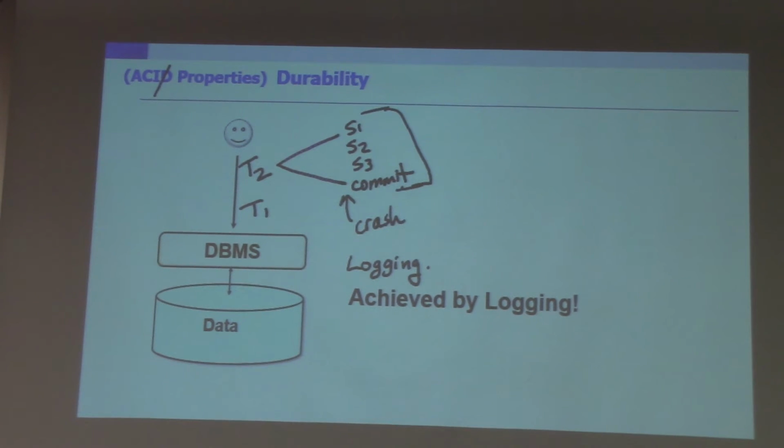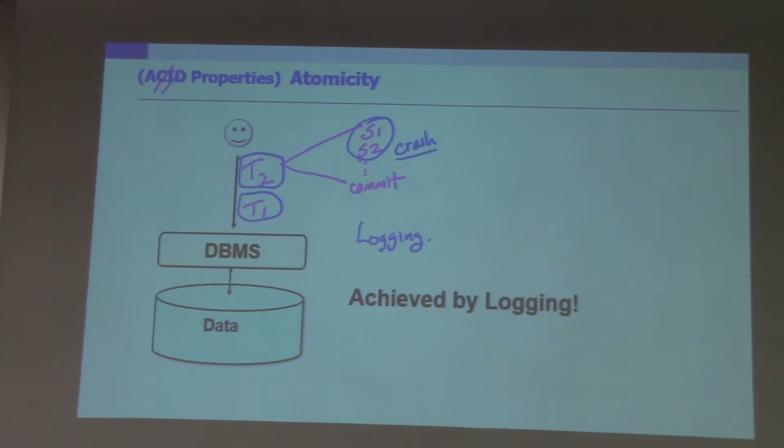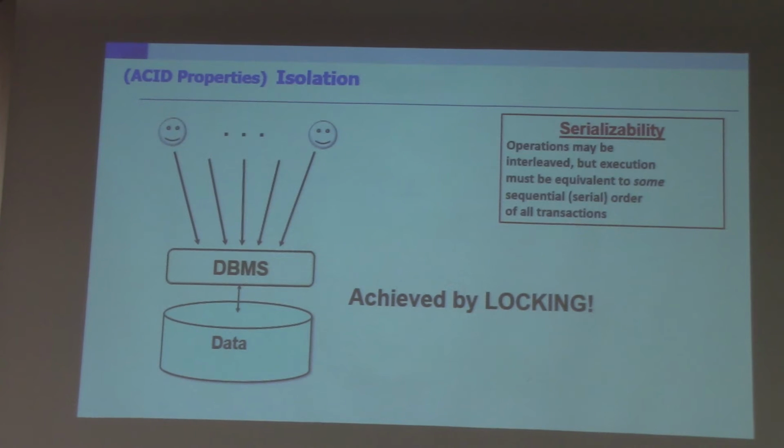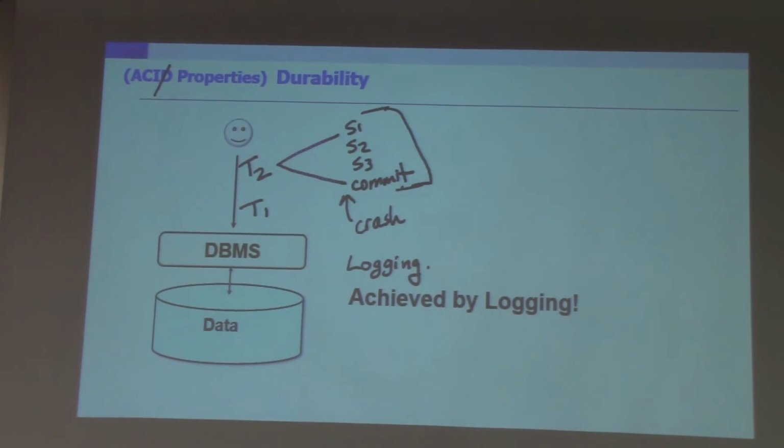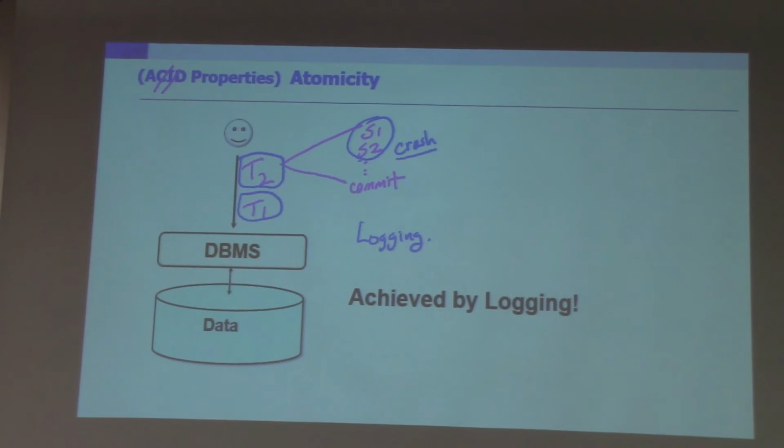Durability is achieved by logging. Again, we will come back and revisit this part. Same as atomicity. So just keep in mind, isolation is realized by using logs. Durability and atomicity are managed by logging, which I will discuss in detail in the follow-up lecture slides.